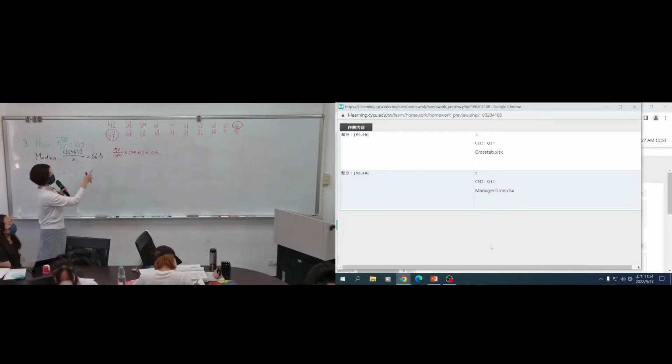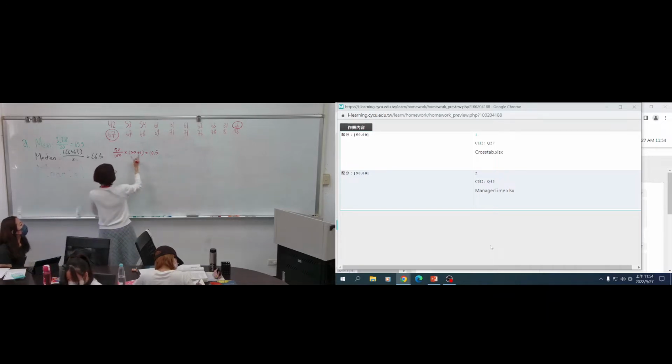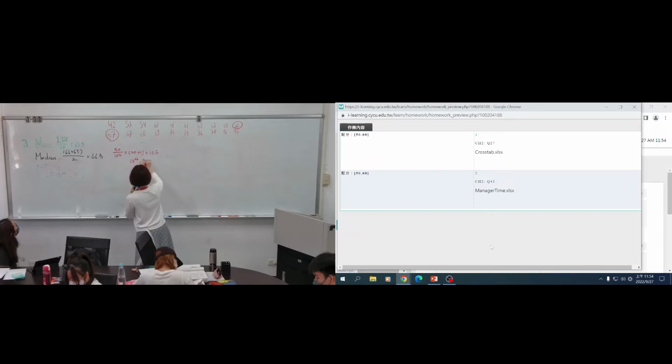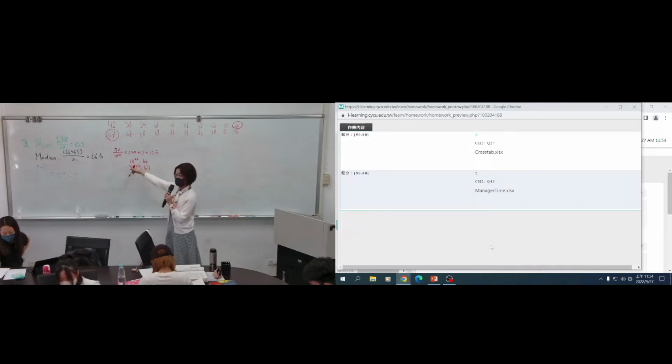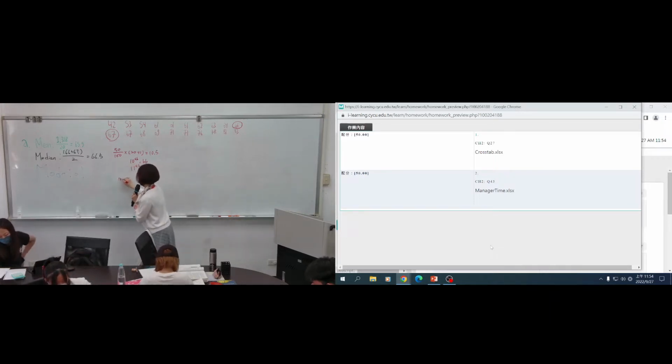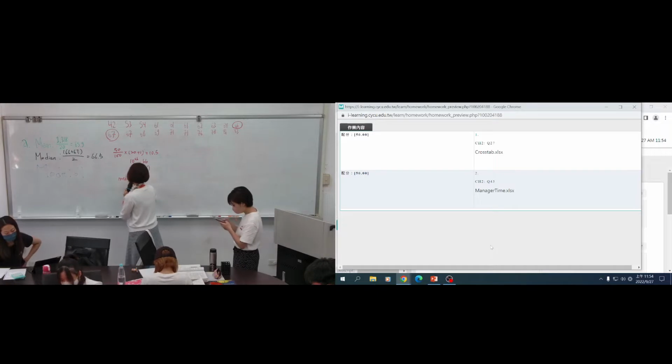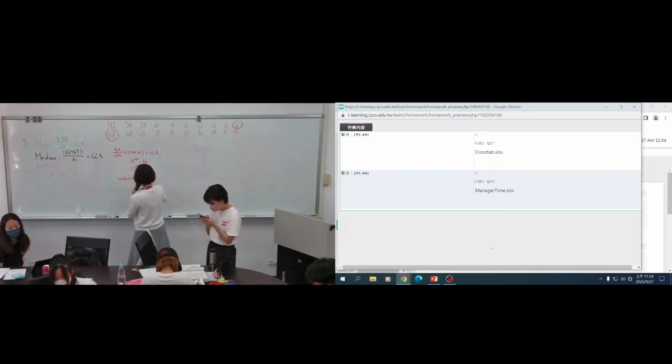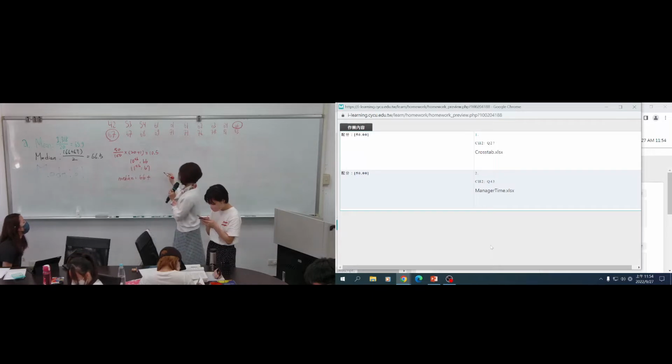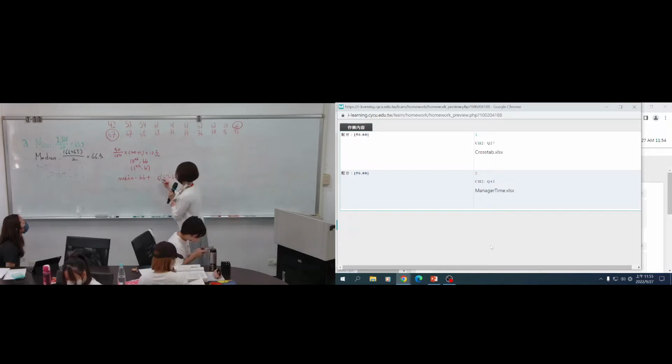According to the formula, the median is 66 plus the difference between these two values, 67 minus 66, multiplied by 0.5.